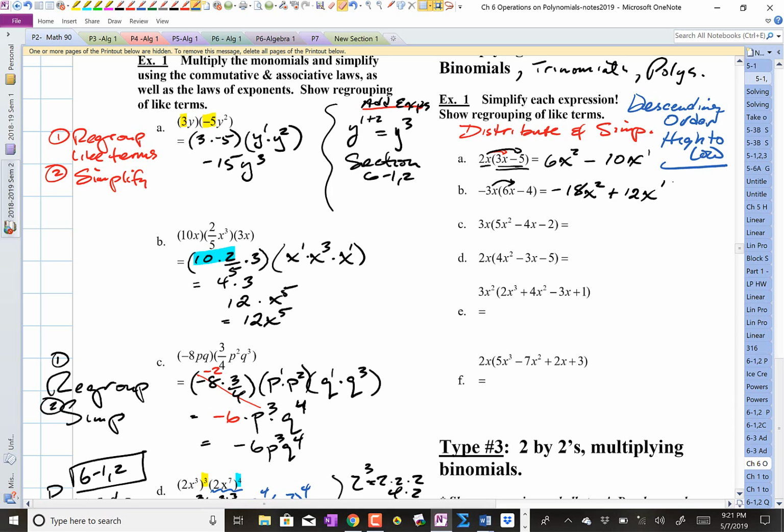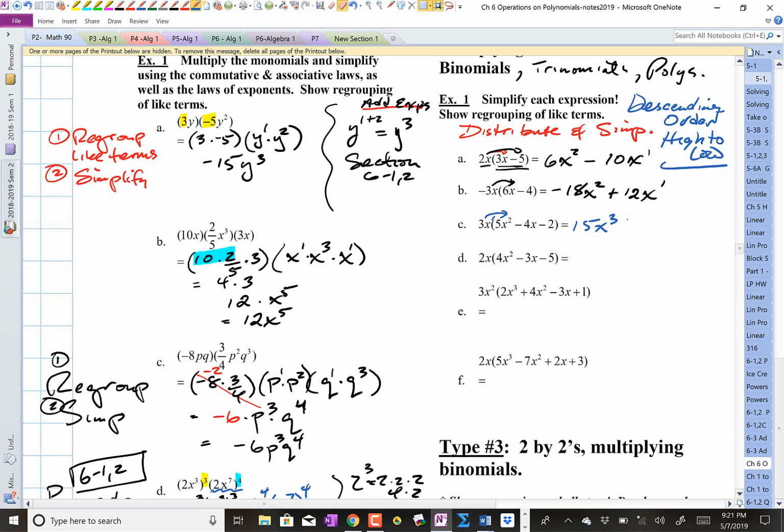It's that simple. Now, if you multiply a polynomial with more than two terms, if it has three terms as a trinomial, you distribute 3 times. And if it's a polynomial with 4 terms, you distribute 4 times. It's the same idea. You just use your properties. So 3x times 5x squared. You get 15. 3 times 5 is 15. x times x squared is x cubed, because you add the exponents right there. 1 plus 2 is obviously 3.